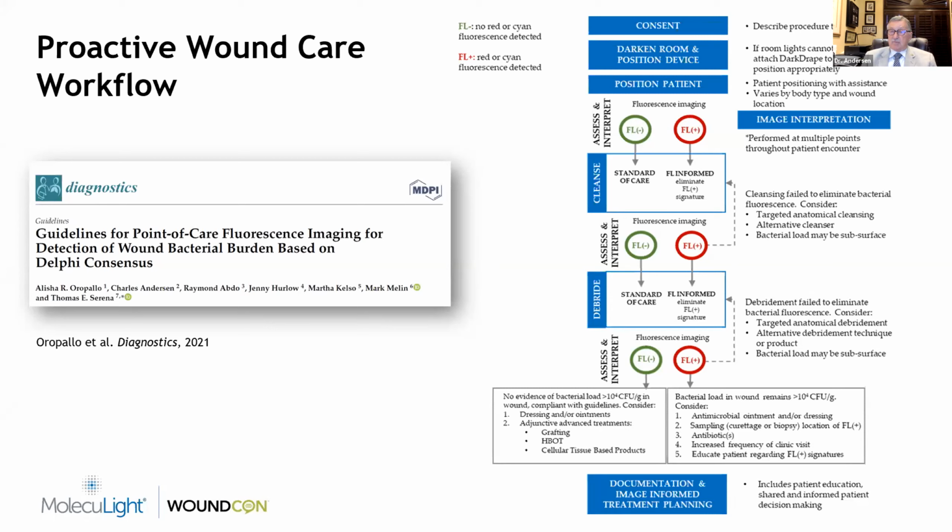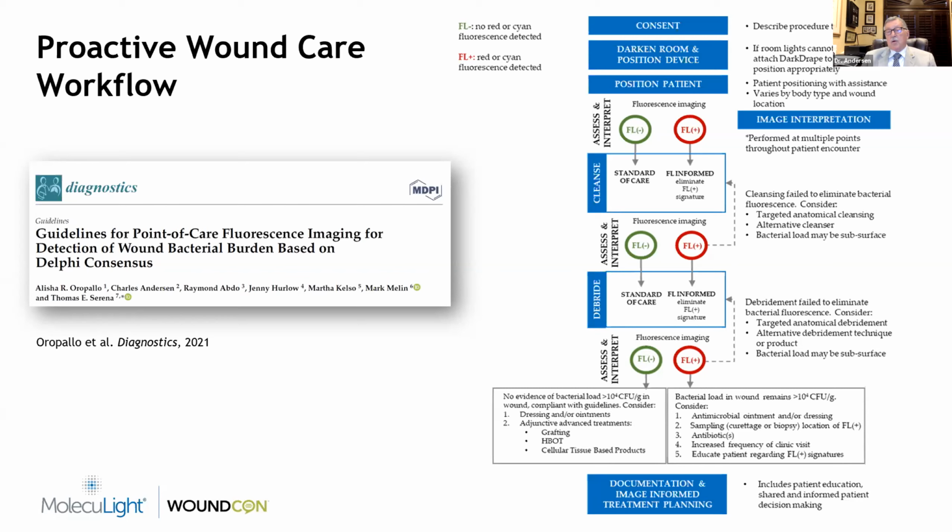If it's positive, then what we would do is cleanse that wound, rescan it. Again, that takes only a minute or less. Rescan that to see if it's cleared just with cleansing. If not, and there's still a fluorescence in the wound, we can use that scan to guide our debridement.